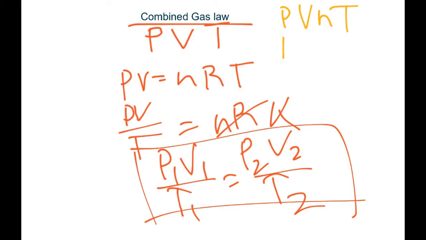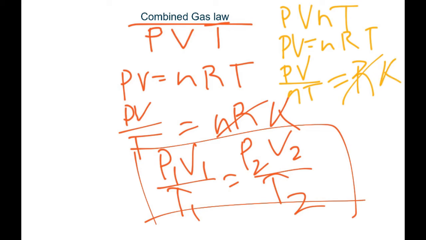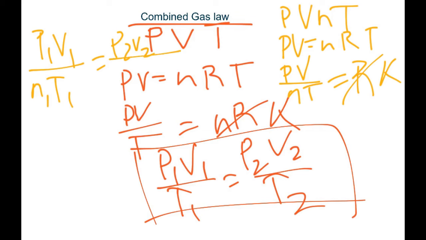So this would be PV equals nRT, and divide both sides by nT, and we get PV over nT is R, and R is a constant, so PV over nT equals K, and we can rewrite this as P1V1 over n1T1 is equal to P2V2 over n2T2.